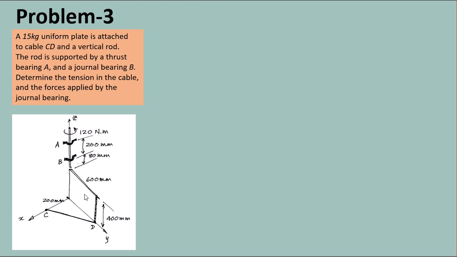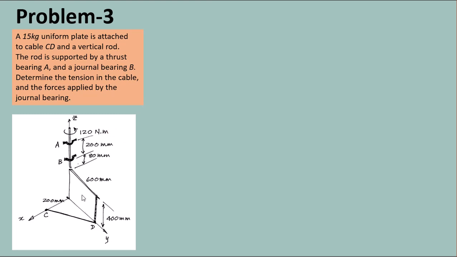The weight which is acting downward is given in kgs, which you will have to convert to newtons by multiplying by 9.81. And on top of that, there is a couple of 120 Newton meters applied on this rod.